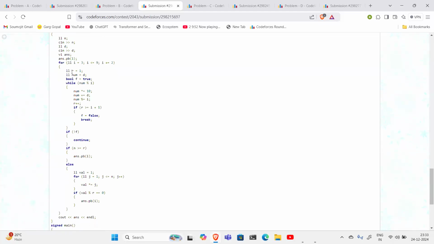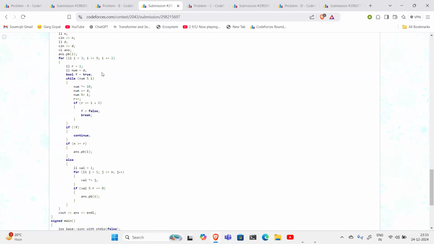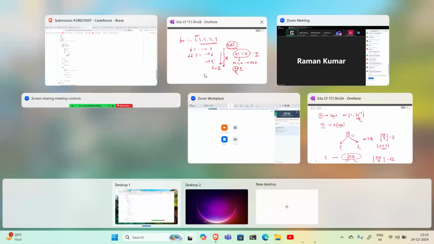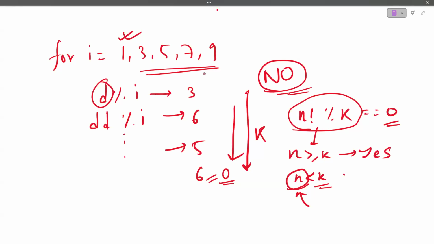Here r maintains the length after which I get a 0, and num is the value. So num is basically this value d. In the next iteration, num will become the next value.